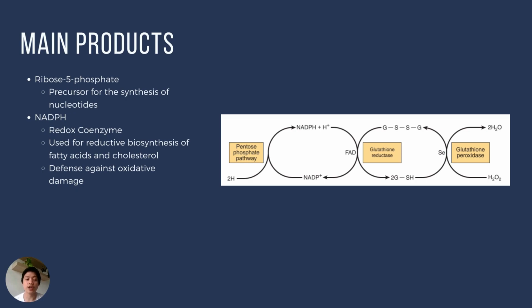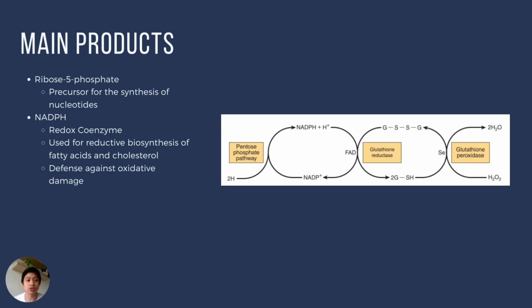The term reductive biosynthesis simply means that we are performing an anabolic reaction, anabolism, with concomitant reduction. So that means for us to build larger molecules, we need to reduce these molecules. And the hydrogen that you need for reduction is supplied by NADPH.